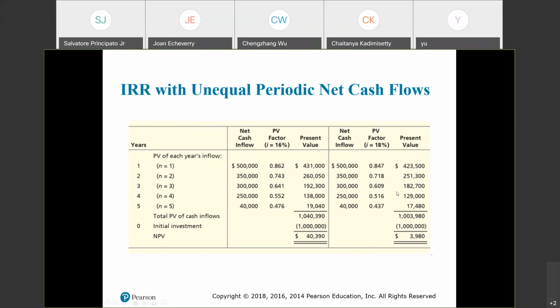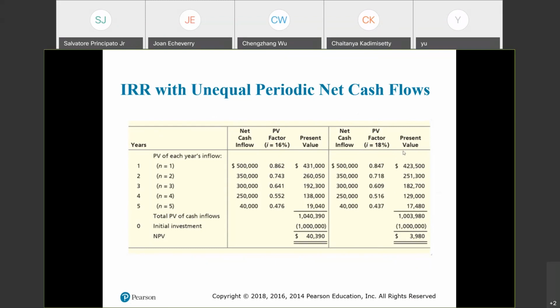This table shows the NPV calculation using the discount rates of 16% and 18%.